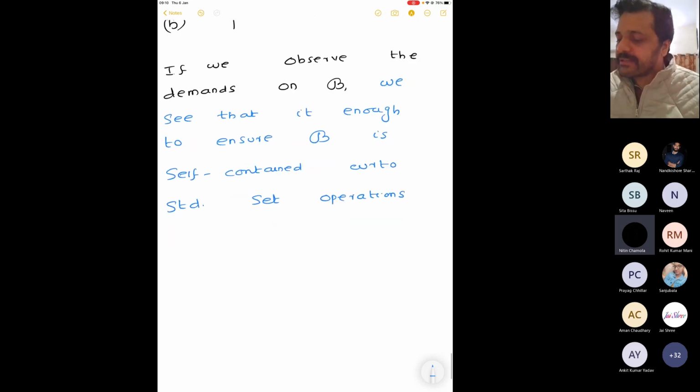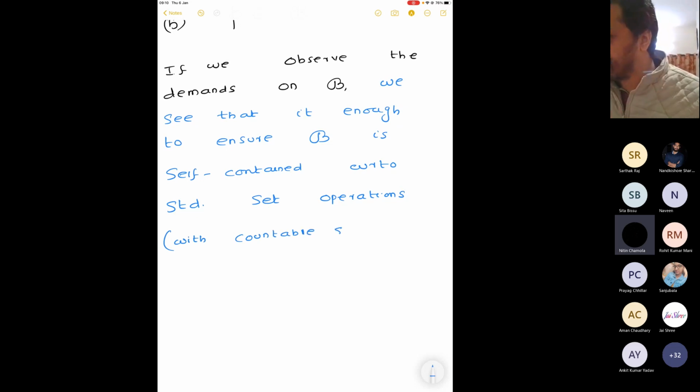When I say standard set operations, I mean a countable number of times. If I have a countable number of elements in B, their union is in B. If I have an element in B, its complement is in B, and so on.